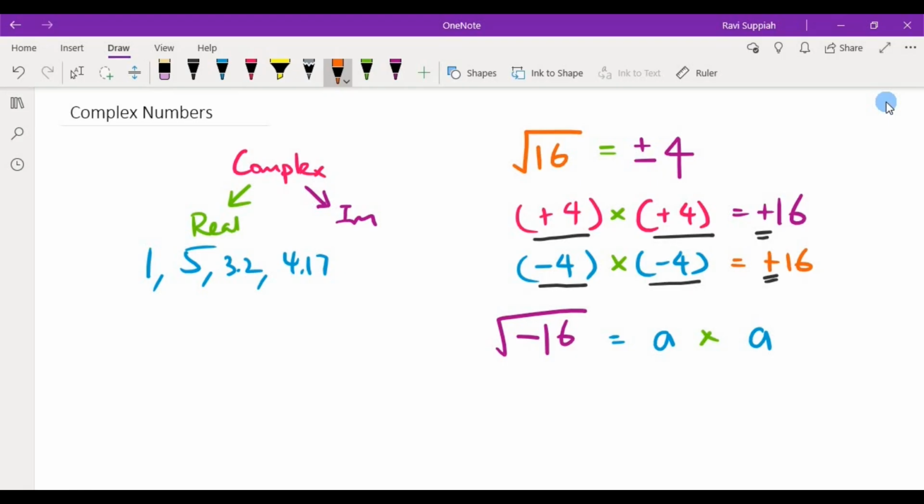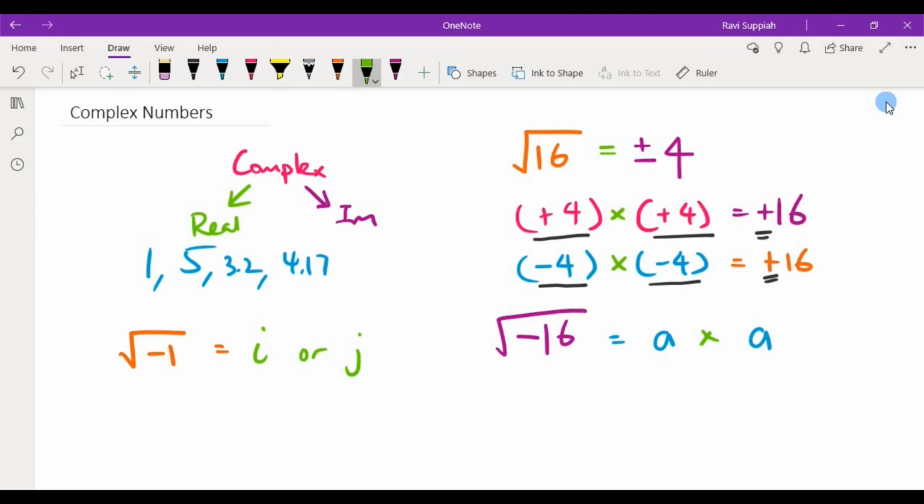So that leads us to the idea of creating this new domain called the imaginary number. In this complex domain, we now have real numbers and imaginary numbers, and the baseline imaginary number is what we call the square root of negative 1, and this is normally represented in most resources as either i or j.